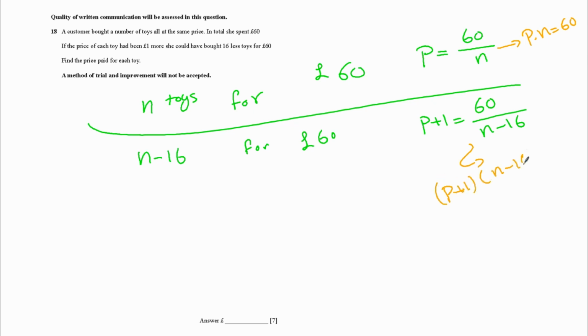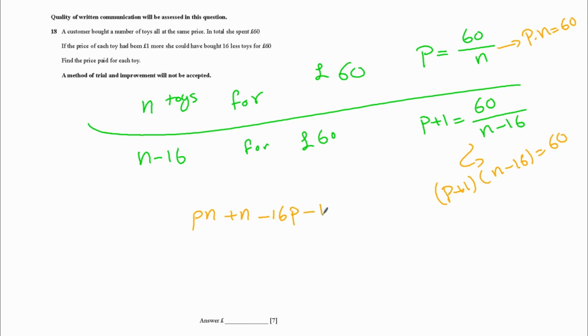I'm going to expand the second one first. So I'm going to write Pn plus n minus 16P minus 16 equals 60. That is expanding the second part.